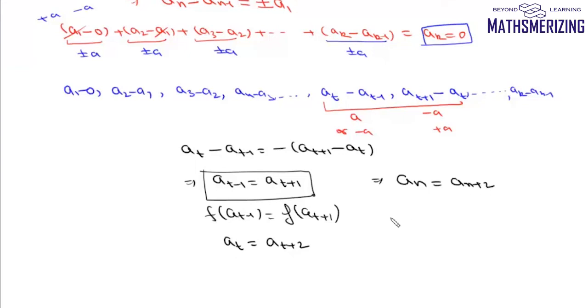Now if we put n as k, then ak equals ak+2, and we have shown that ak+2 is the same as a2. Since it is given that ak is 0, the value of a2 is 0. So for any k greater than or equal to 3, if ak is 0, it simply means either a1 is 0 or a2 is 0.